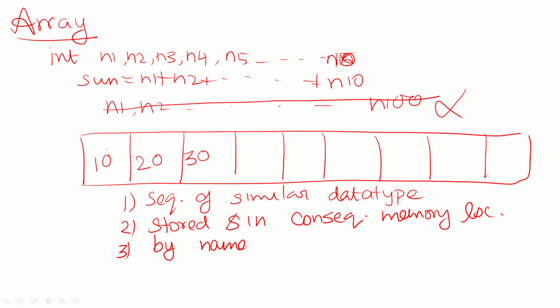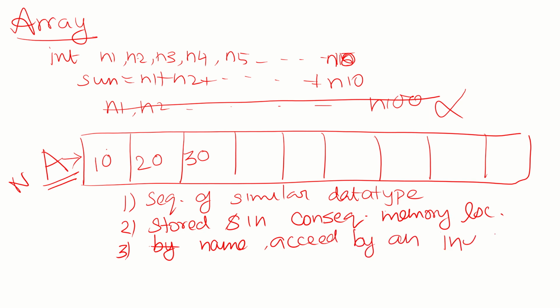We don't say n1, n2, n3. We just call everything by one single name. A means A, n means n. So if I say the name A is the array, so this is A. And it has a single name, accessed by an index.